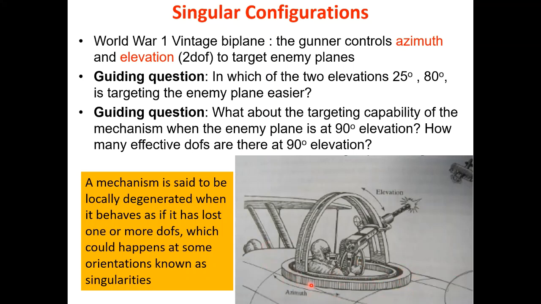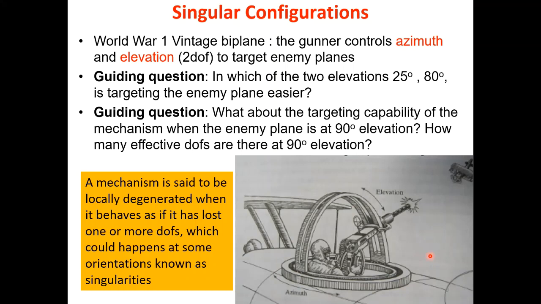You can rotate it around you, like in azimuth, and then you can control the elevation, azimuth and elevation. Okay, so using azimuth and elevation, you point at the enemy plane and try to shoot it. That's how you do it, right?